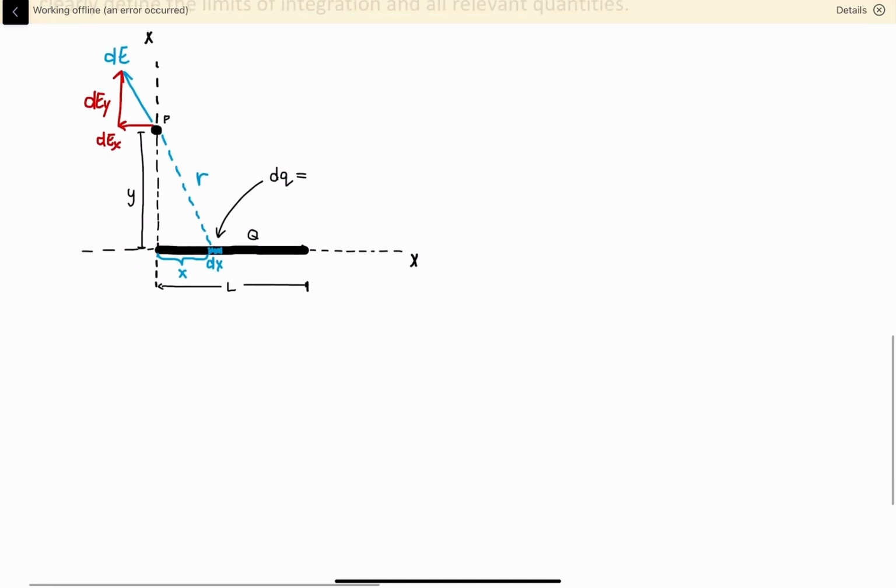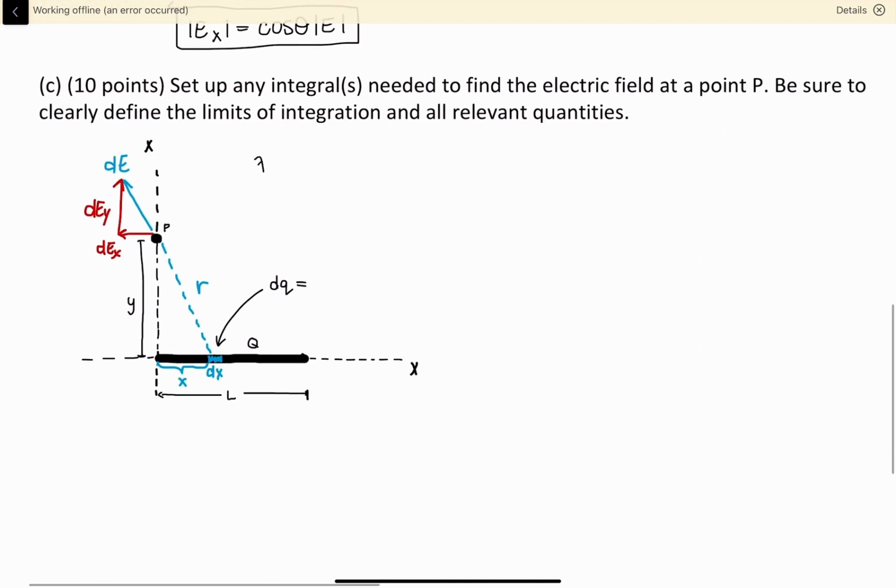So based on this equation, where the linear charge density is equal to Q over L, that means that dq would be equal to lambda times an infinitesimally small length, which is dx. Now we can see that quickly.